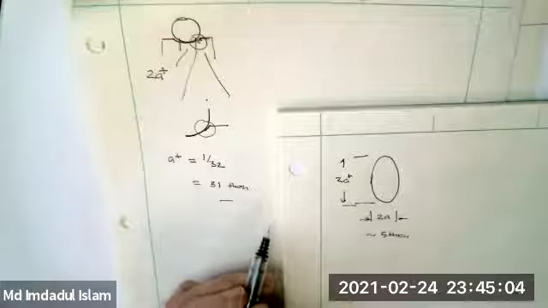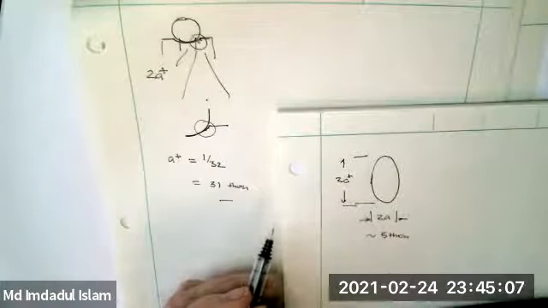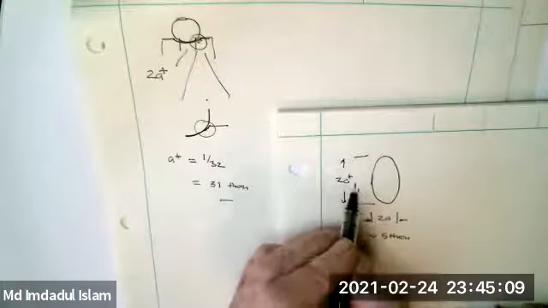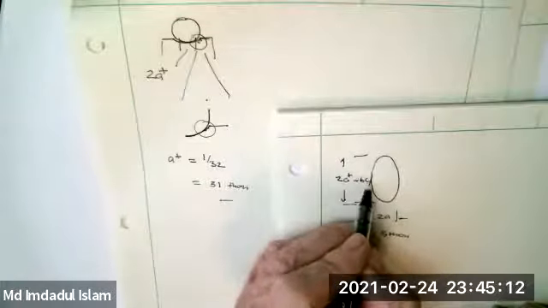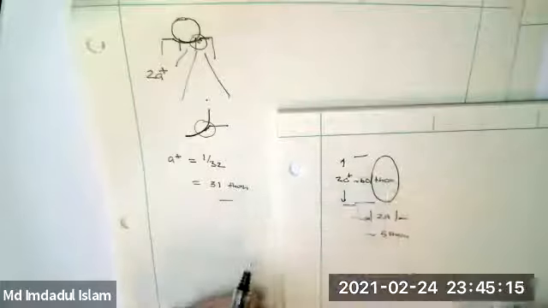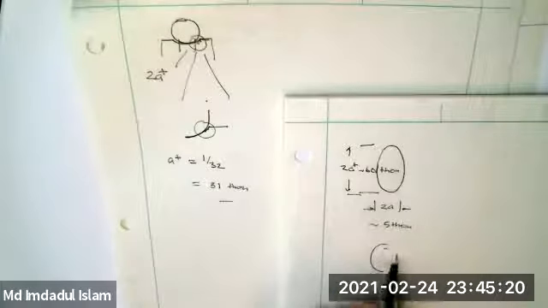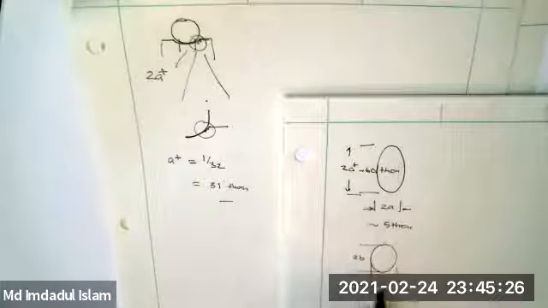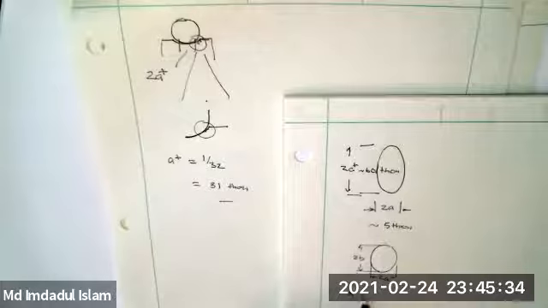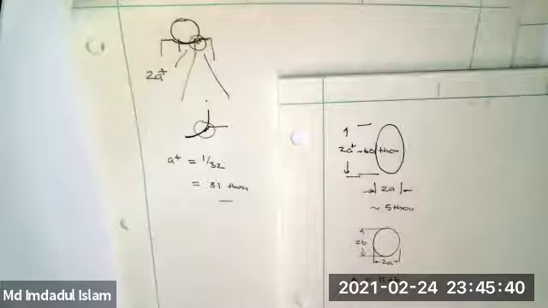That would be 1/16. About 60 thou. Then to get the area of the ellipse, the area is pi AB. If A equals B, it would be pi r squared, it would be a circle.